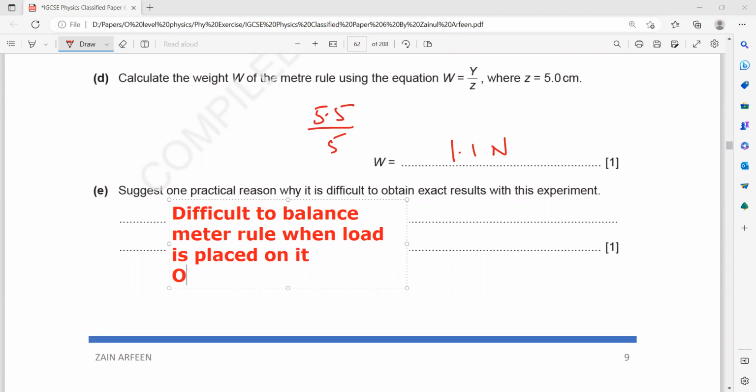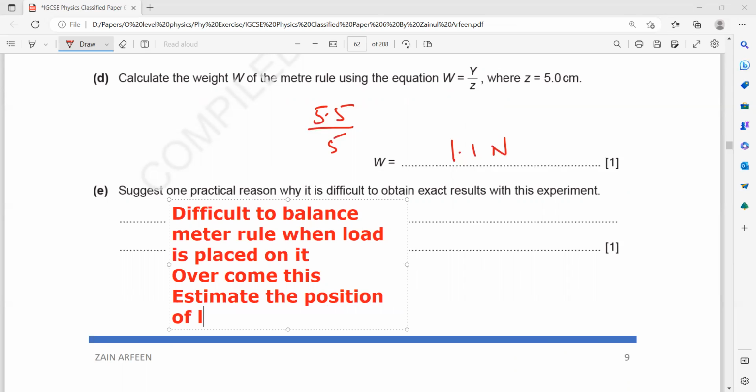They did not ask how to overcome it, but how do we overcome this? Estimate the position of loads before placing them on the meter rule.